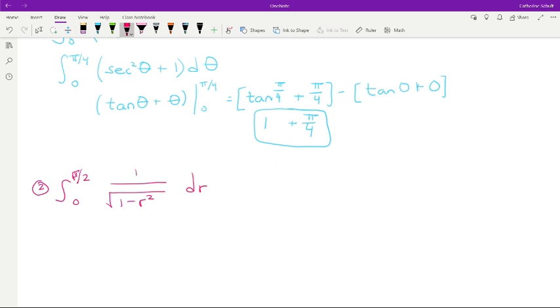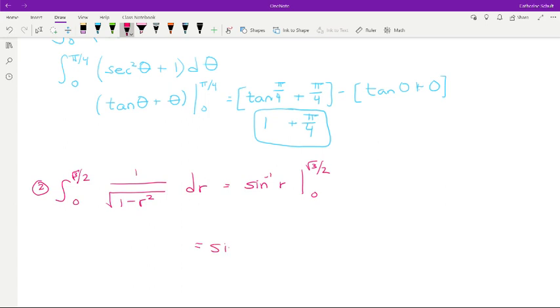All right. And then the antiderivative of this, when we take that integral, that's the inverse sine. And now we're going to evaluate it from 0 to root 3 over 2. Okay?